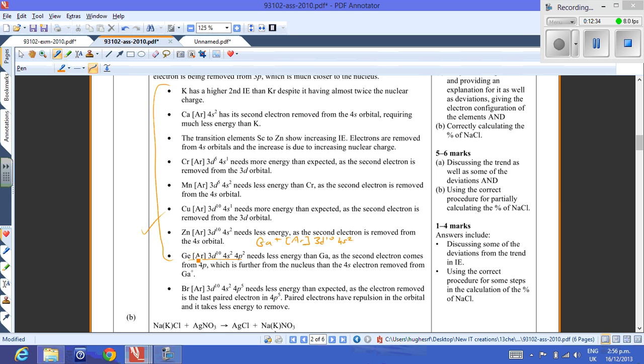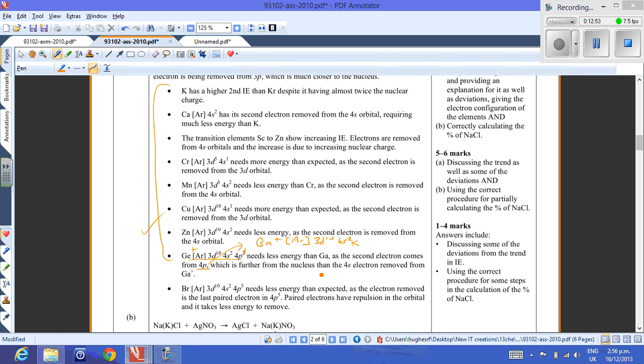And so they're doing this as the electron configuration for elemental germanium, but germanium, which has lost an electron, will be 4p1. So this needs less energy than gallium, as the second electron comes from 4p right there, which is further from the nucleus than the 4s electrons right there removed from gallium.